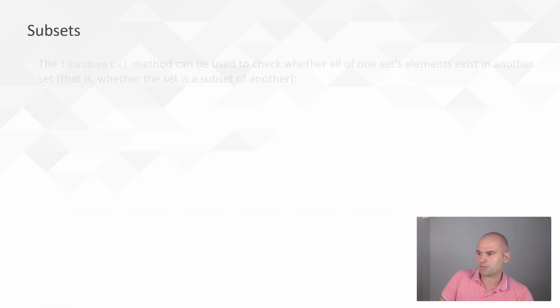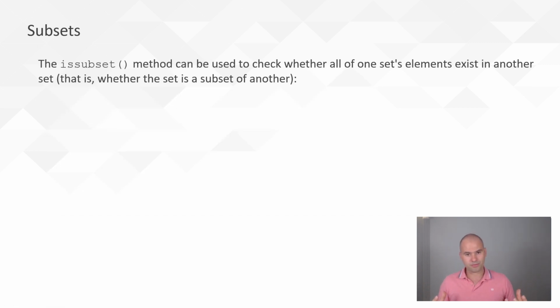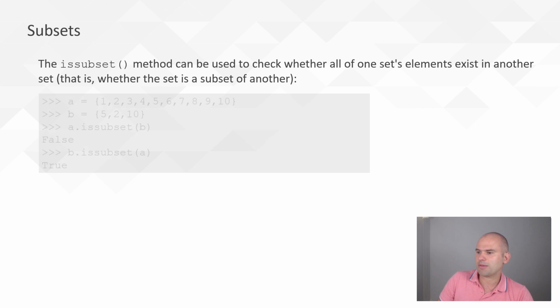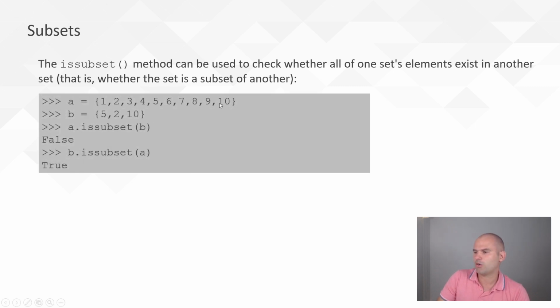Next is subsets. Subsets are like if you have the numbers 1, 2, 3, 4, 5, 6, 7, 8, 9, 10. They're all integers, so that set of numbers is a subset of, for example, all integers. So here are some examples. If A is 1 to 10 and B is 5, 2, and 10, then when you say A is a subset of B, that's false, because not all of these can be found there.